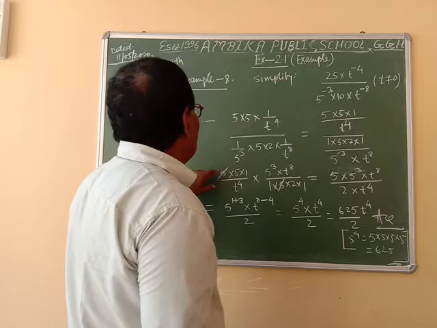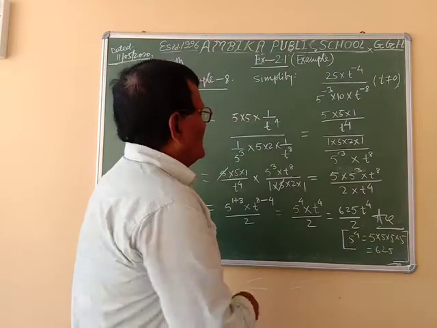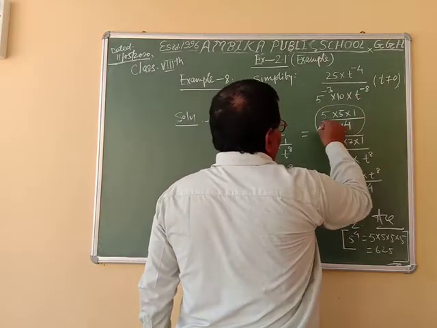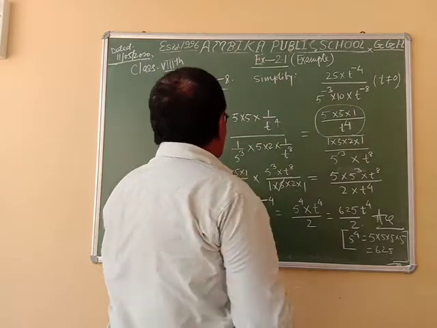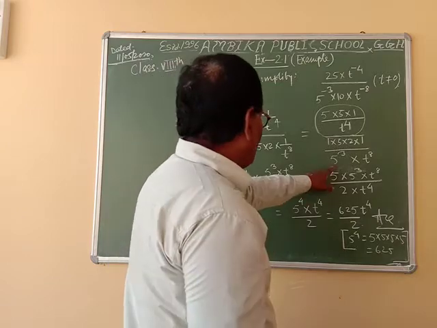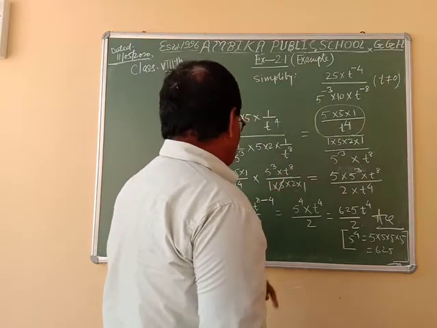Taking the inverse, because this term is divided by, so inversing: 5 into 5 into 1 by t to the power 4 into 5 cube into t to the power 8 by 1 into 5 into 2 into 1.